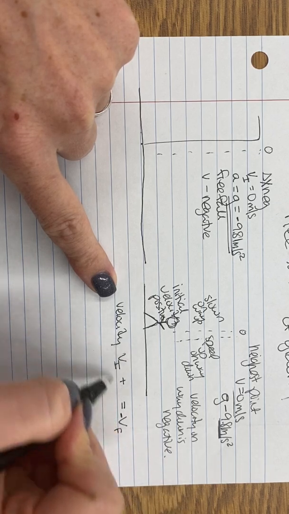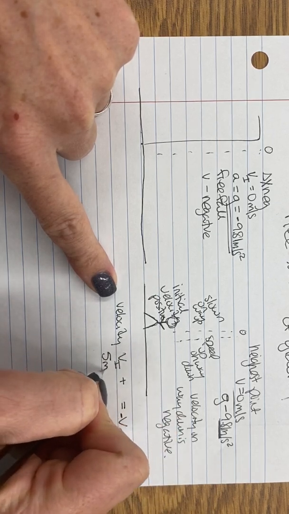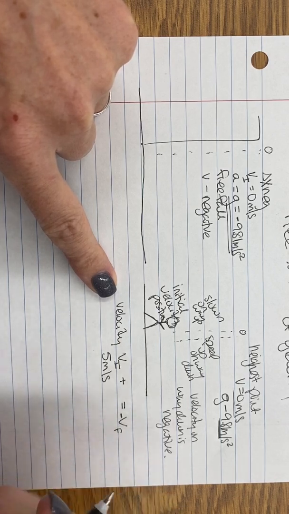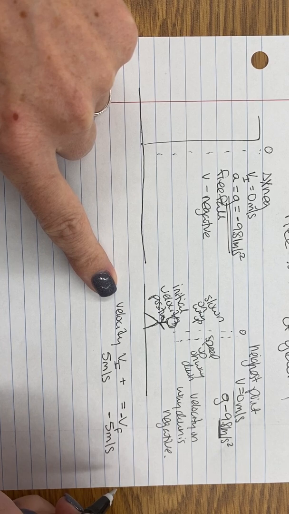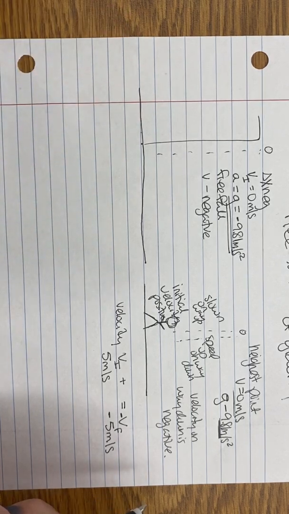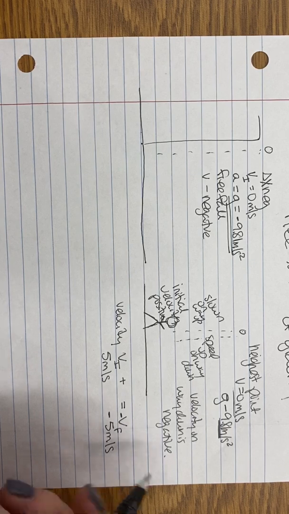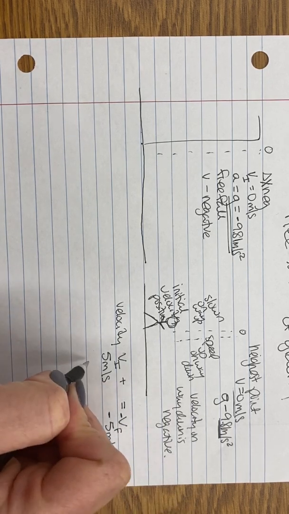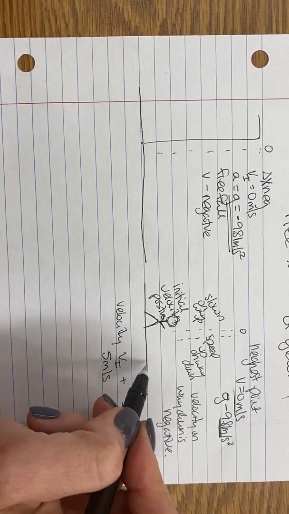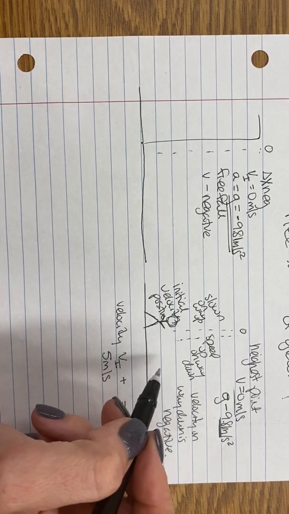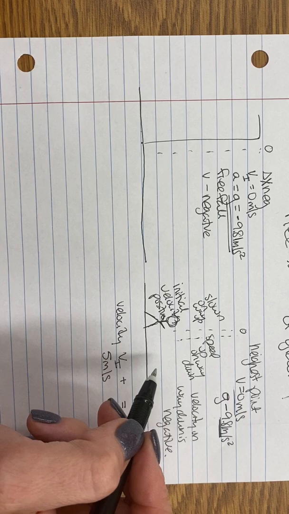So if I throw this thing up at 5 meters per second, I'm going to catch it at negative 5 meters per second. Because on the way up it's being influenced by gravity, and on the way down, it is still being influenced by gravity. Your total displacement is going to be 0 if I'm starting at ground level and ending at ground level. I'm not changing my position.